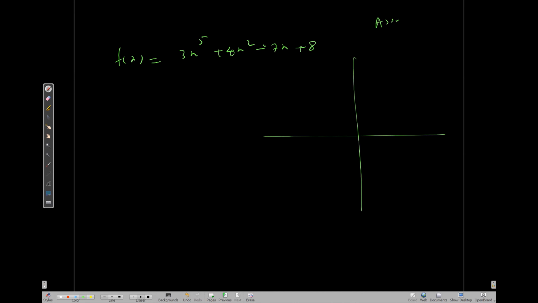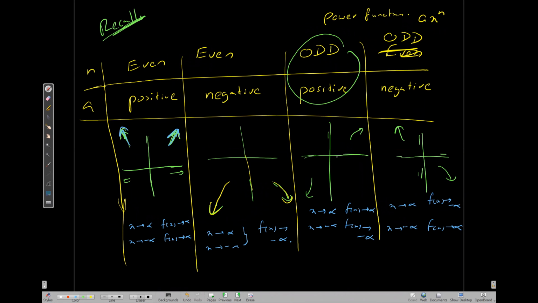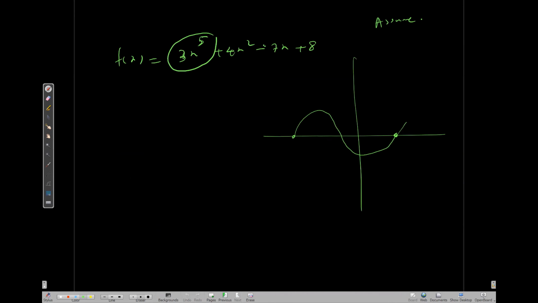Let's assume we have completed all the work and we know some zeros, and our function looks like this. To complete it, looking at this, we know x to the 5th with 3 is positive and odd. Going back to the table, odd positive goes this way, so it looks like this. So what you need to do is complete it like this, simple as that. This is what is known as end behavior.